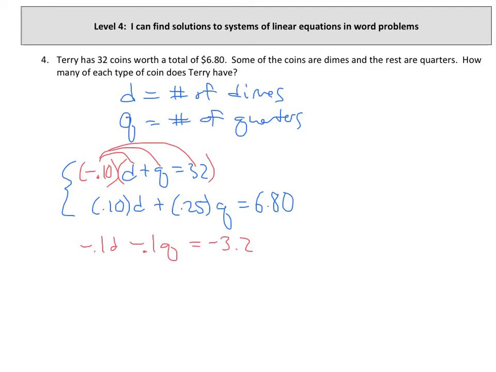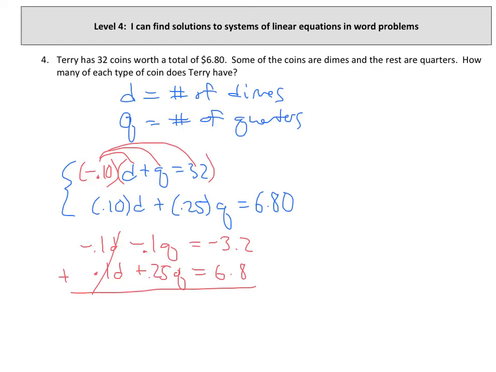The bottom equation I'm just going to bring down, and that's 0.1d plus 0.25q equals 6.8. Now I am going to add the two equations together, and the d's cancel out.